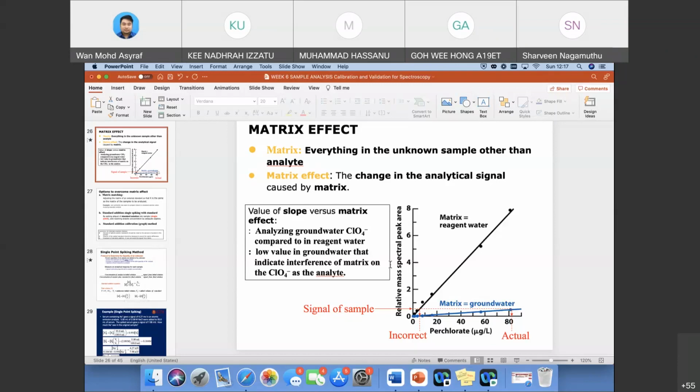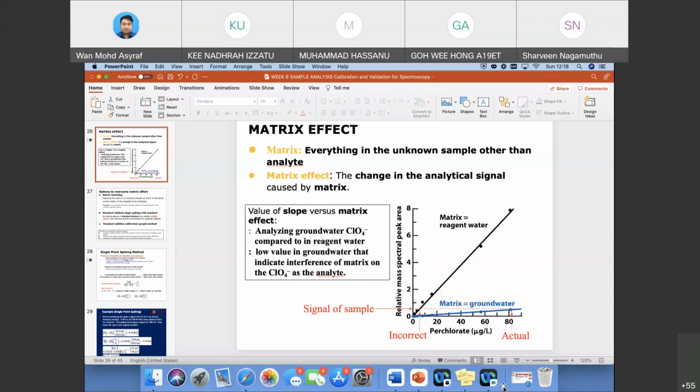So the value of the slope changes with the matrix effect. For example, now we are looking at analyzing groundwater as compared to reagent water. If it is in groundwater, the calibration curve is here.